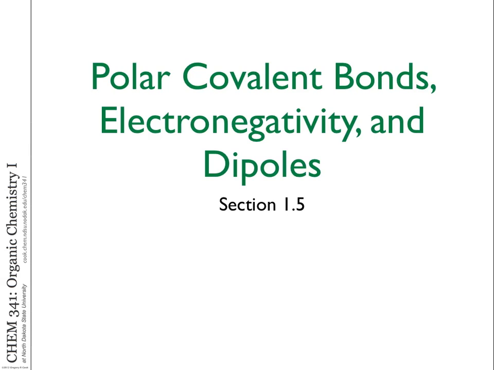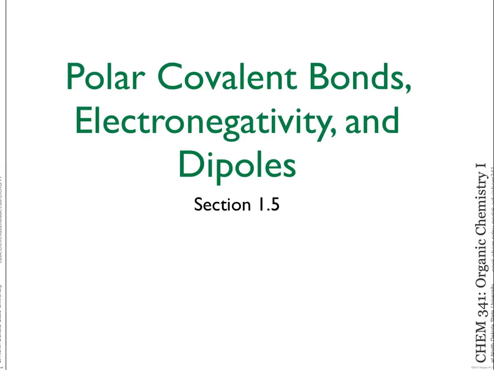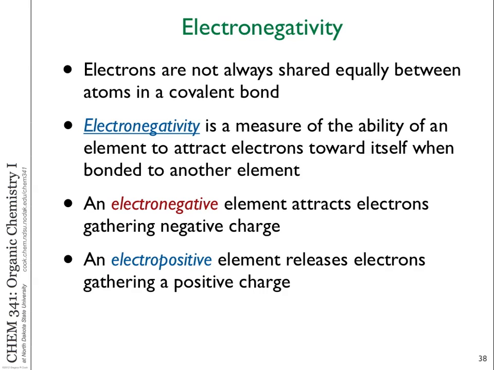Well, the other aspect, which is very important for chemical reactivity, is the nature of those covalent bonds. Not every covalent bond is the same, because we're not always bonding the same element. So we need to consider that different atoms have a different propensity to pull electron density towards it. Okay?